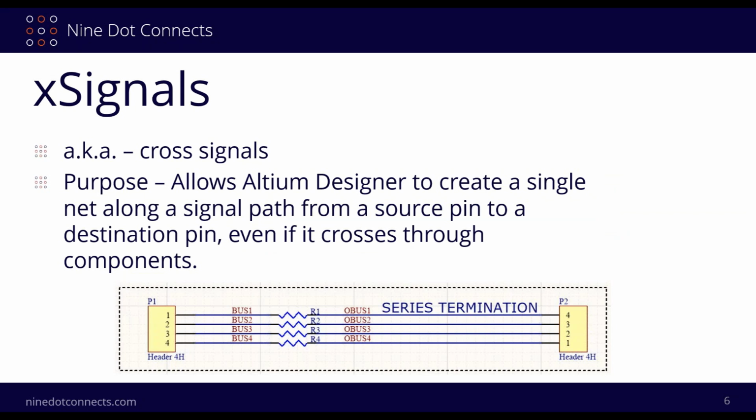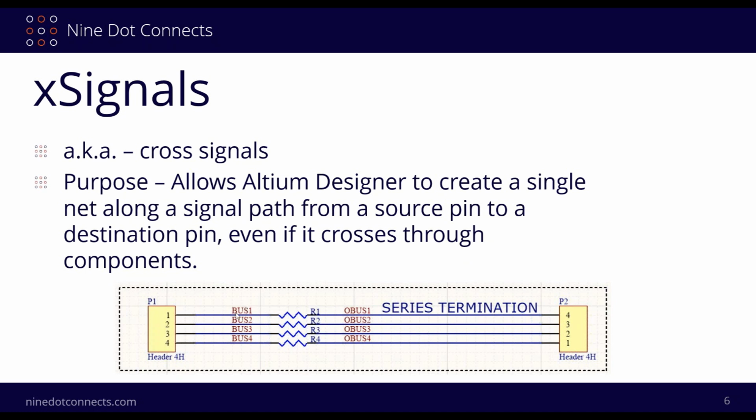First and foremost, the whole idea of calling an xSignal means to cross the signal. If you're familiar with Altium Designer, in the past, if you wanted to do something from point A all the way over to point B, you would have had to keep a spreadsheet, because if there was something in the middle, Altium was not able to compensate for that in terms of its path.